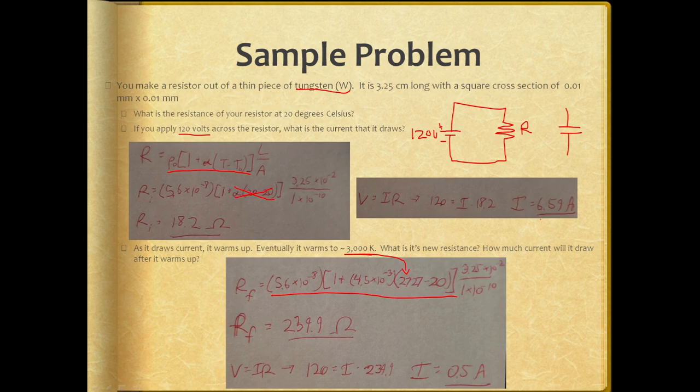So we went from a little more than 6.5 amps down to just half an amp. That is still a large and frankly irresponsible amount of electrical current, but it dropped again by 13 times, like how the resistance increased by 13 times.